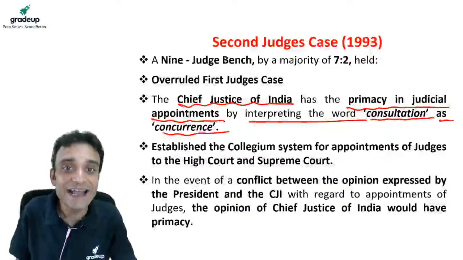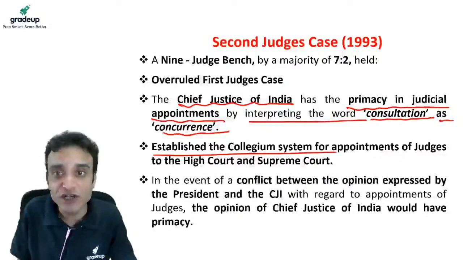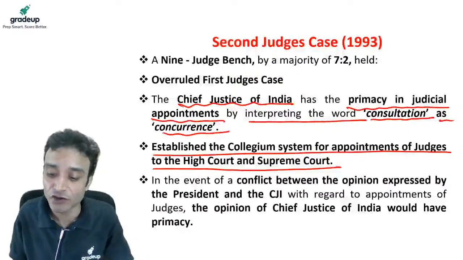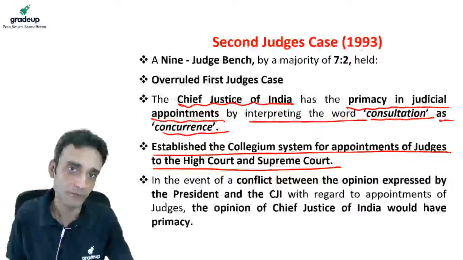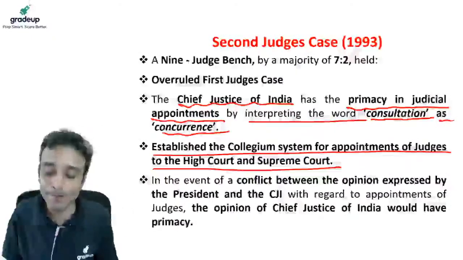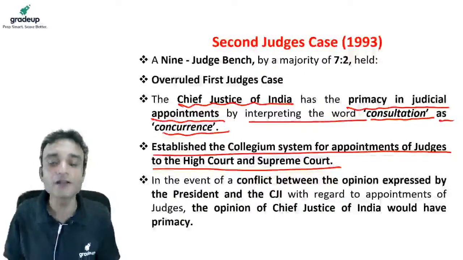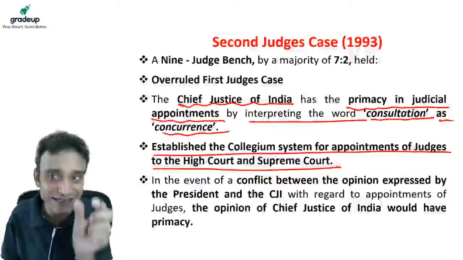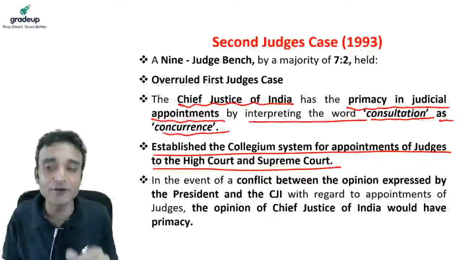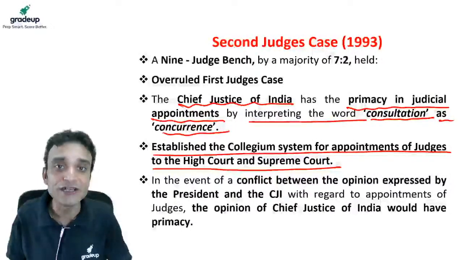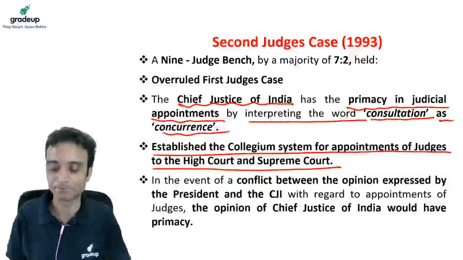And thus, it established the Collegium system for the appointment of judges to the High Court and the Supreme Court. So, in the second judge's case, a 9-judge bench of the Supreme Court held that the word consultation given under Article 124 and 217 of the Indian Constitution means concurrence and not consultation.